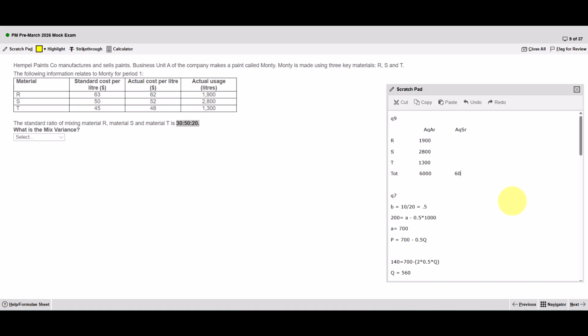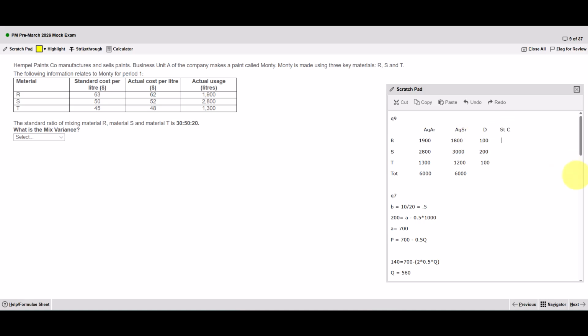So the actual is what we actually used, and we need to total those together because then we take that total across to the actual quantity, and what we now do is take this actual quantity of 6,000 and then reallocate that 6,000 litres based on this standard ratio. 30 plus 50 plus 20 adds up to 100, so we've got a nice easy number to work with, which means in our standard ratio, 30% or 30 hundredths would be R, 50% or 50 hundredths would be S, and 20% would be T. So you see, I'm just doing those calculations now, and then we need the difference between each of those.